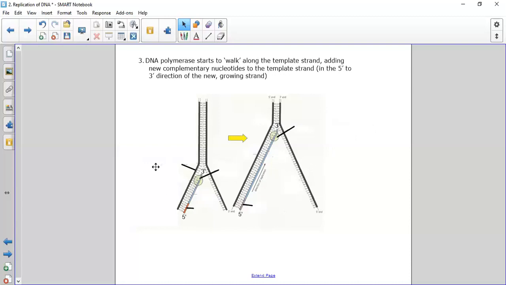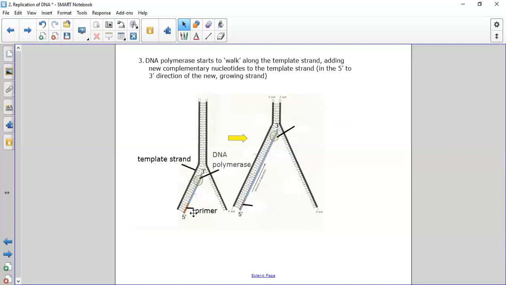So if we just look at our labels again. Here we've got, so this side is our template strand. That side there is also a template strand, but we're not worrying about that side just now. We're doing this side. That's our primer that we saw joined on at the start. And this green thing here is our DNA polymerase.